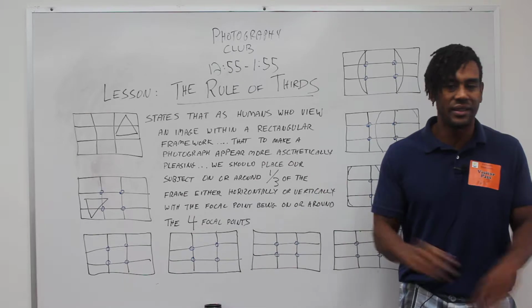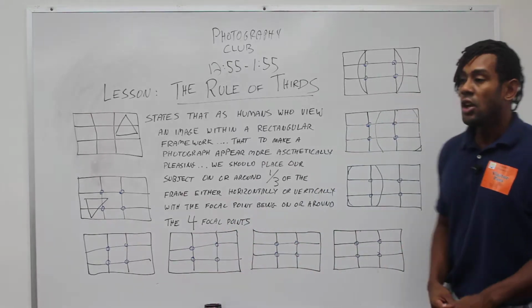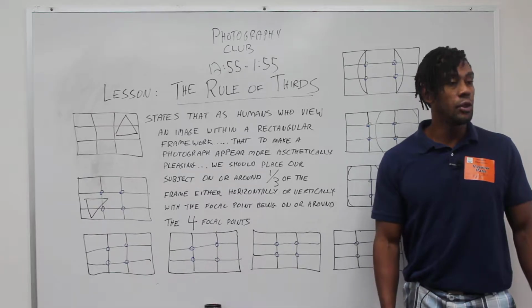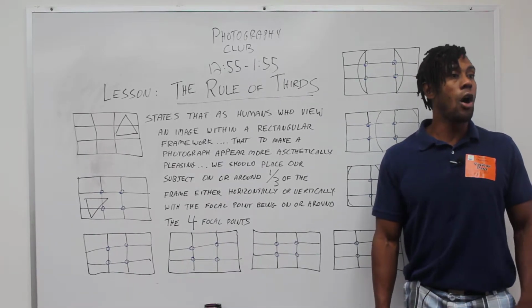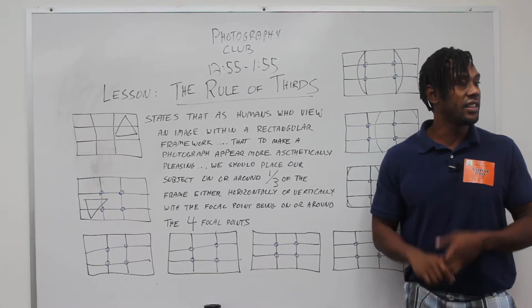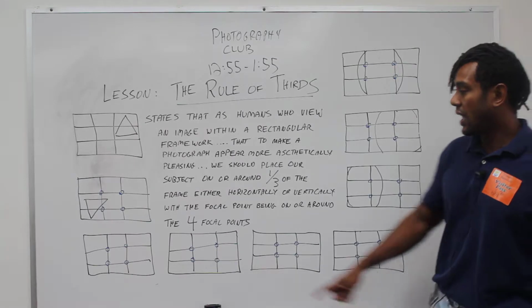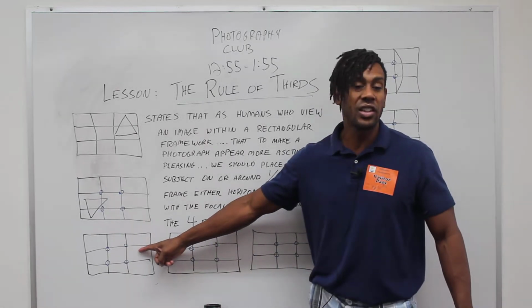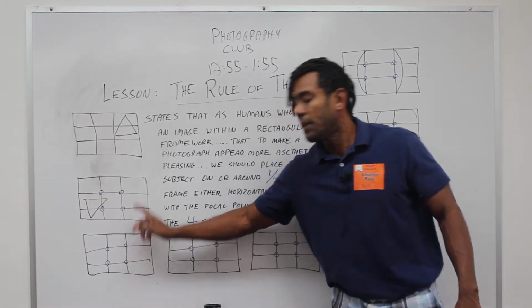Now, that's a lot of words there, but what it basically means is this. You will notice that whenever you're taking photos, as our program and all of the cameras are automatically set, we actually set them for you, that whenever you take a photo, it looks like this. You're going to see black lines. You won't see the blue dots, but you'll see black lines.